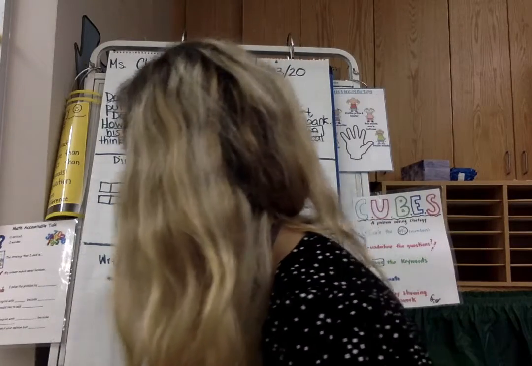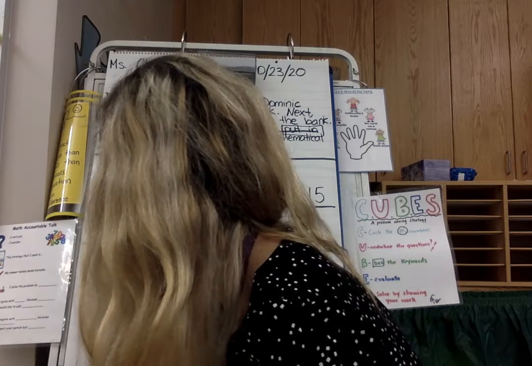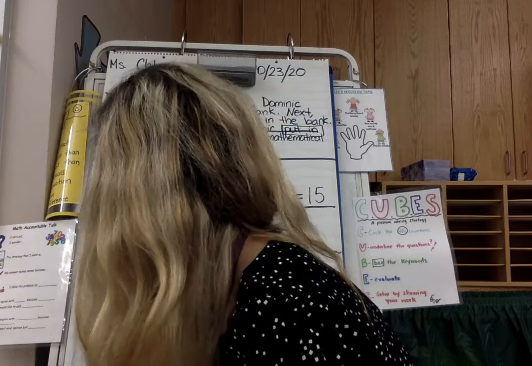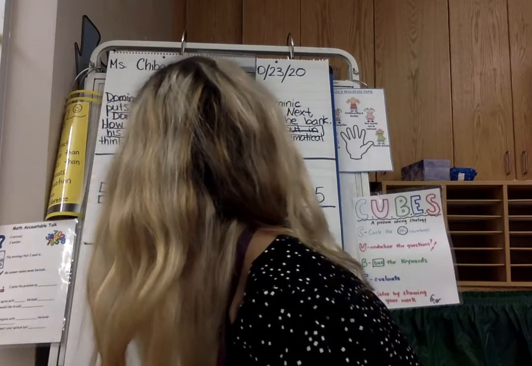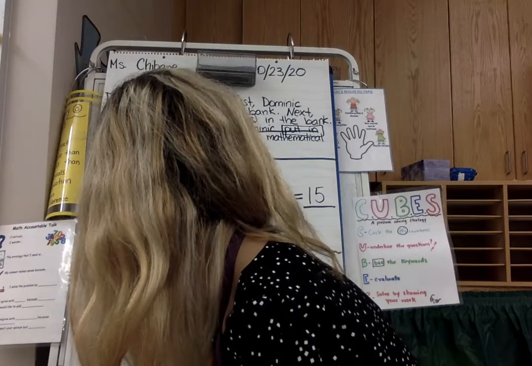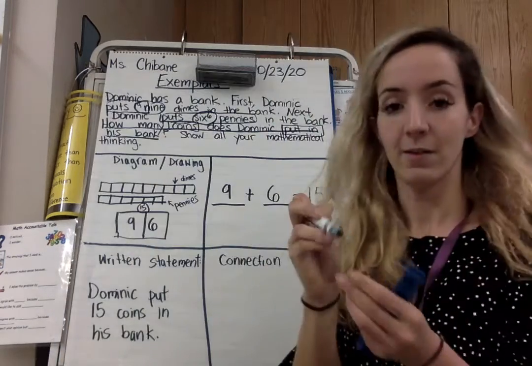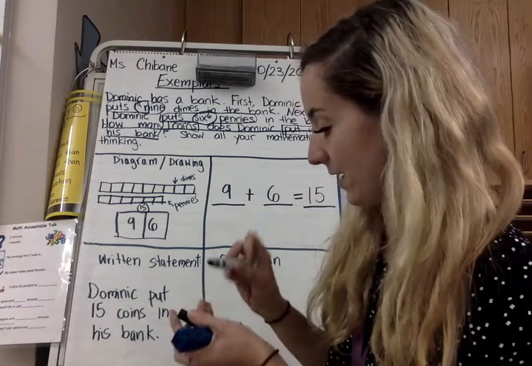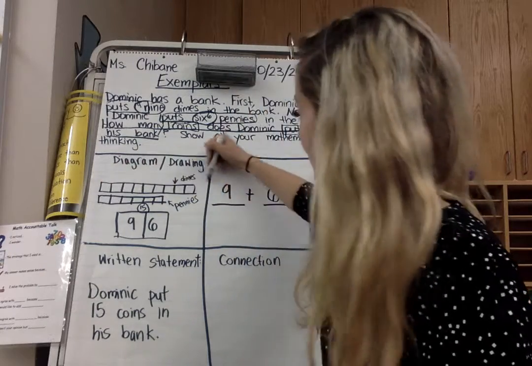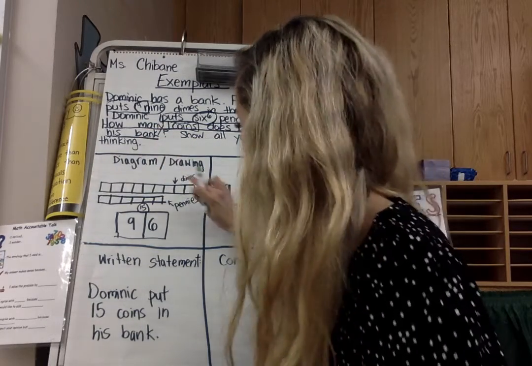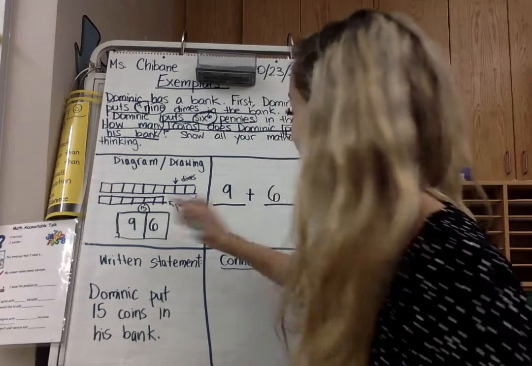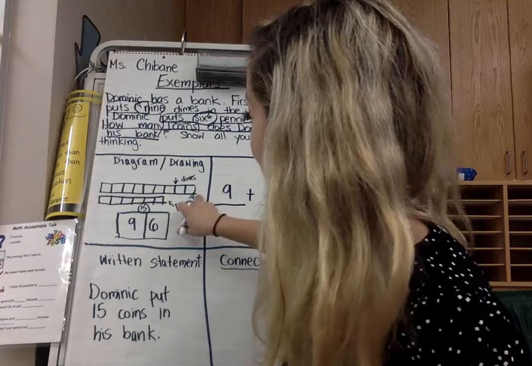My written statement answers the question in a full sentence. Dominic put 15 coins in his bank. Right? And my connection, what am I noticing? Well, I kind of said one thing that I noticed. I noticed that I can make a 10 using one of the pennies, right?